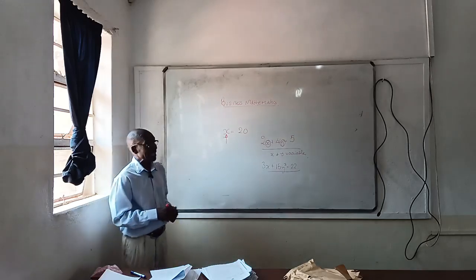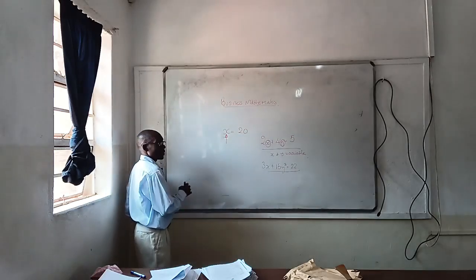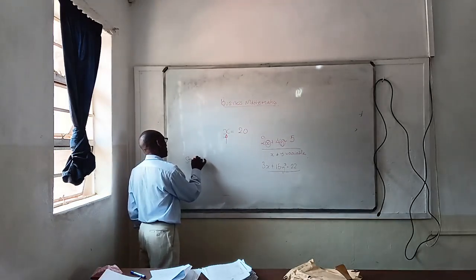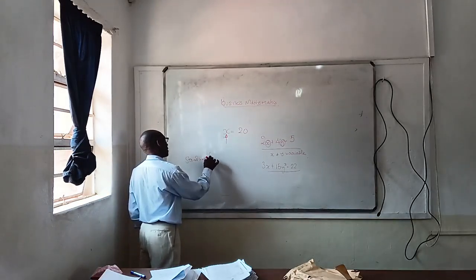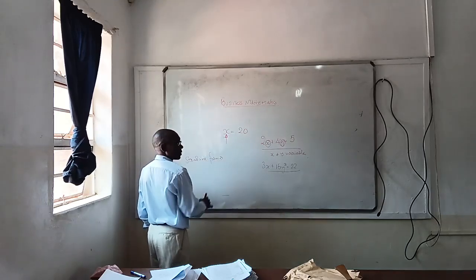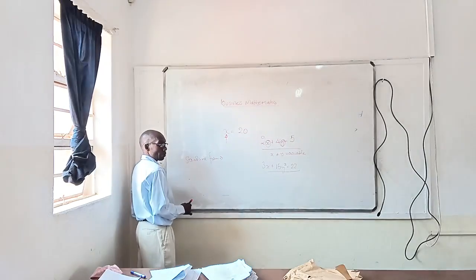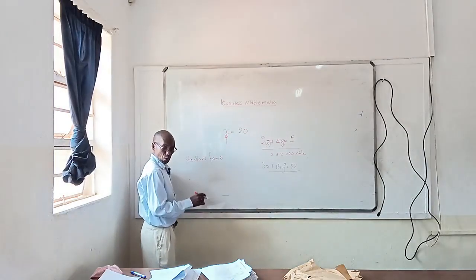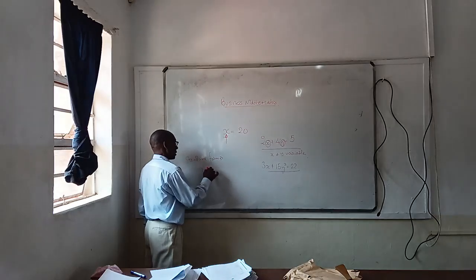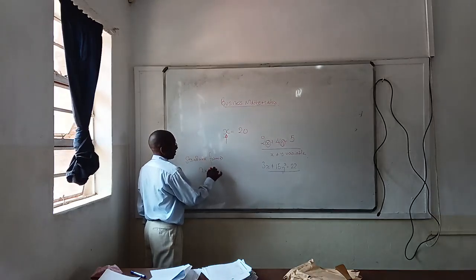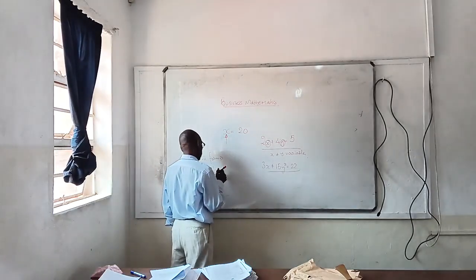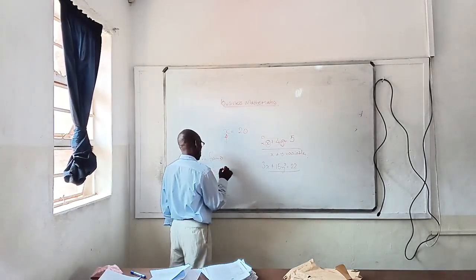But the standard form of an equation is this one. The standard form of an equation is ax plus b is equal to 0.